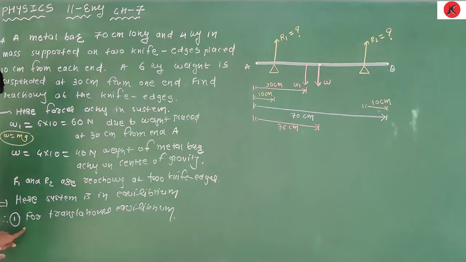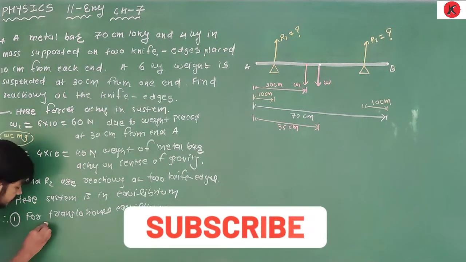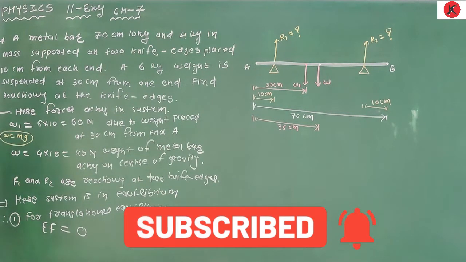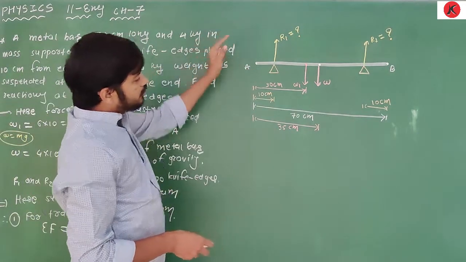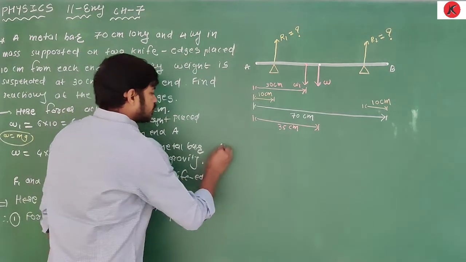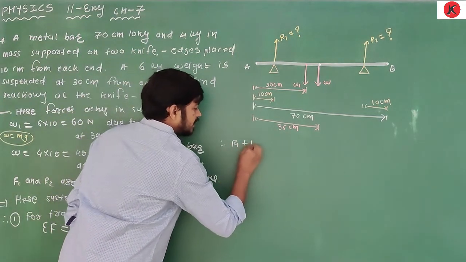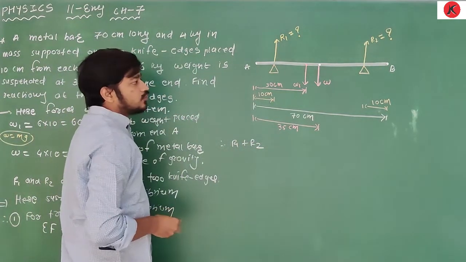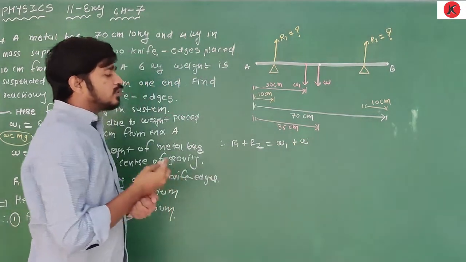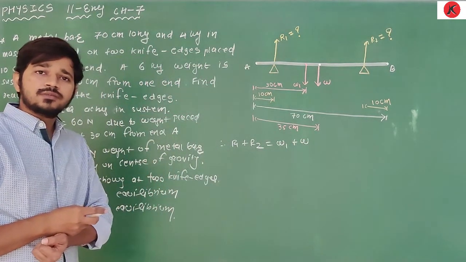So for translational equilibrium, we know that sigma F is equal to 0. Sigma F is equal to 0 means forces acting in upward direction is equal to forces acting in downward direction. So forces acting in upward direction, R1 plus R2, is equal to forces acting in downward direction, that is W1 plus W. Simple?